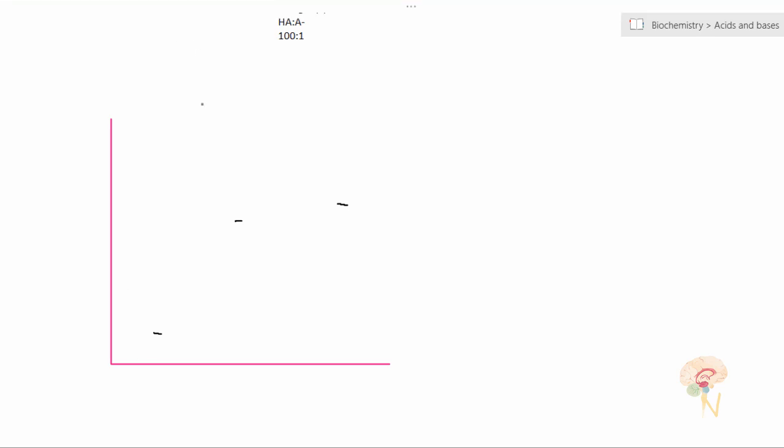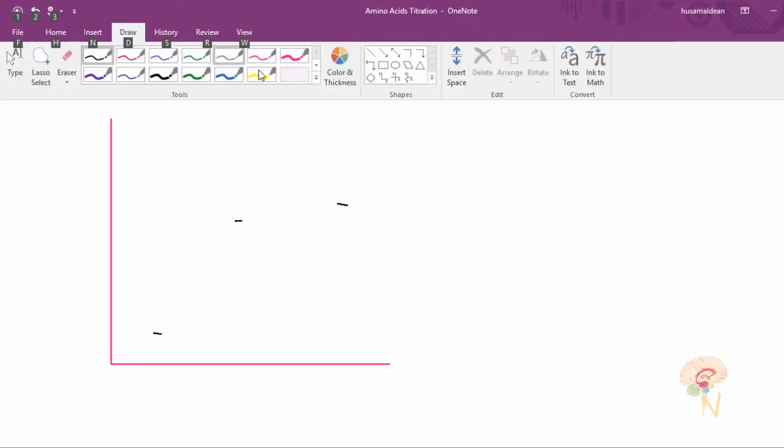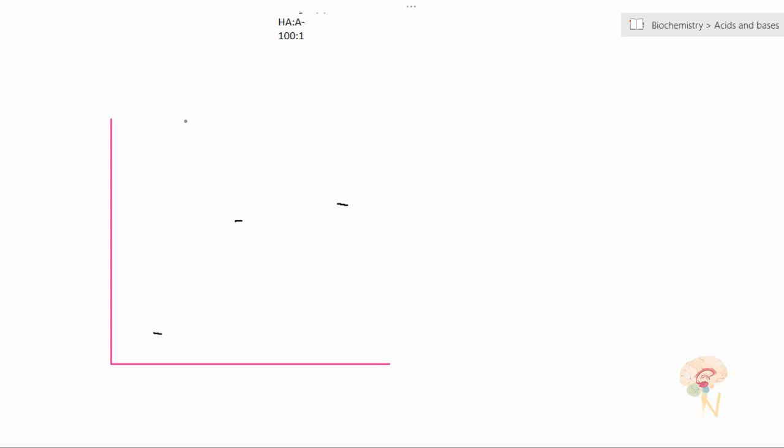It's an approximation. It goes up, and here it is more like this.